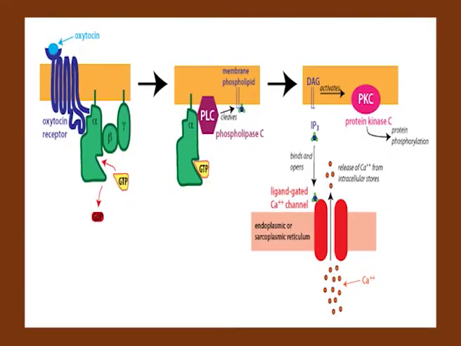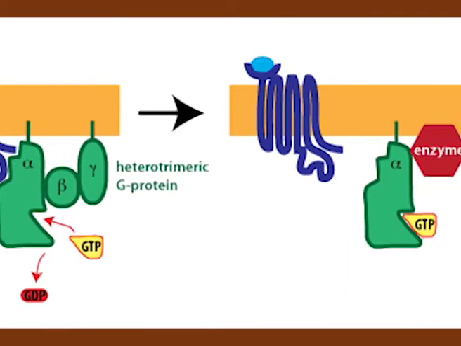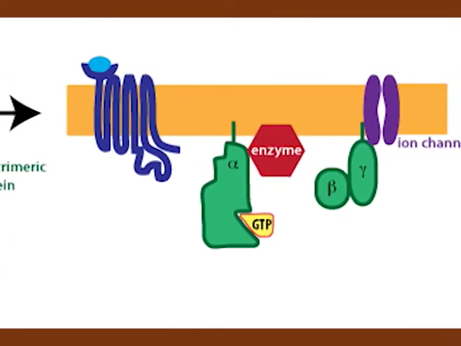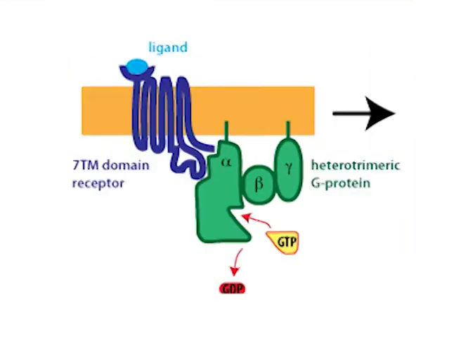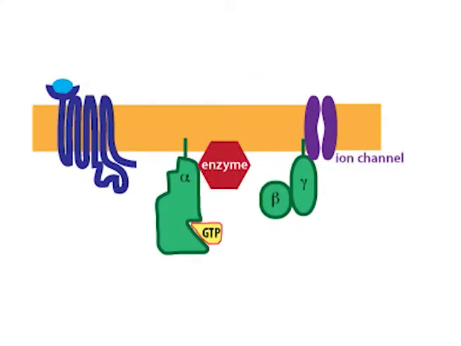G alpha bound to GTP is active and can diffuse along the membrane surface to activate, and sometimes inhibit, target proteins, often enzymes that generate second messengers. Likewise, the beta-gamma complex is also able to diffuse along the inner membrane surface and affect protein activity.